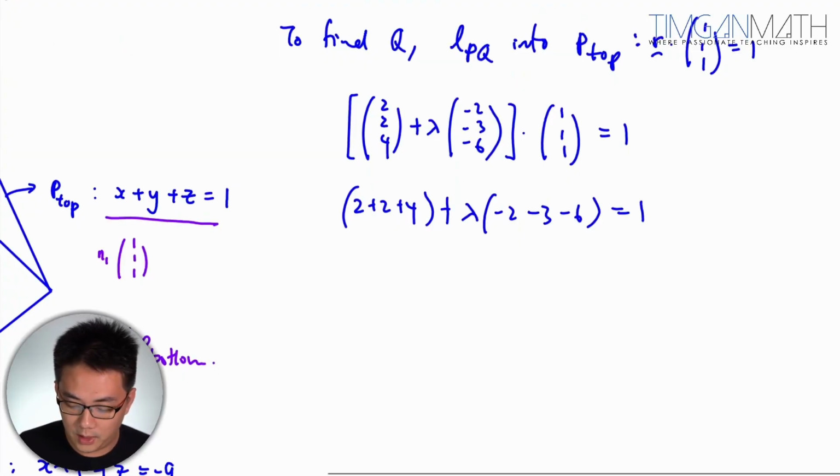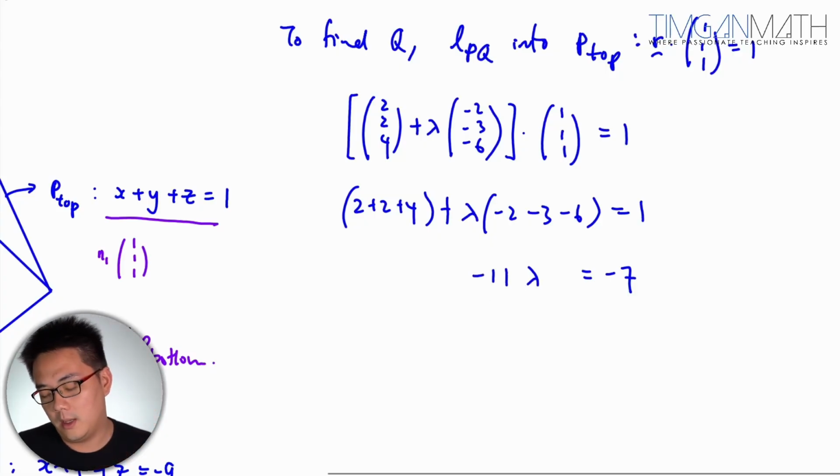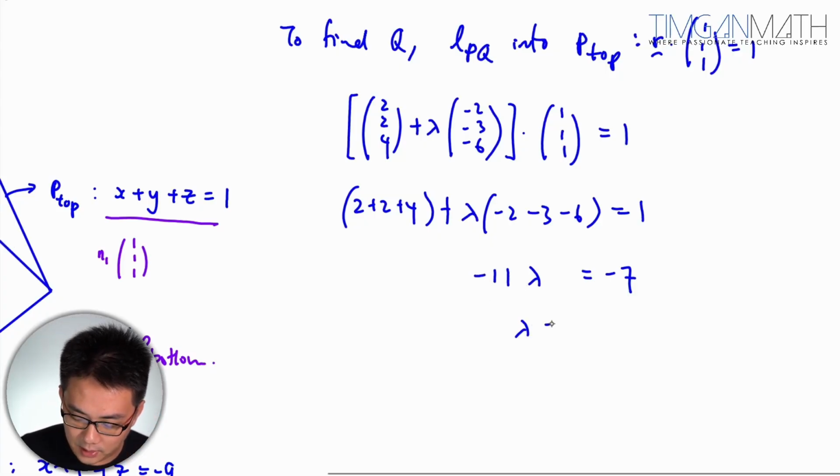So 8 minus 11 lambda equals 1, and lambda is 7 over 11.